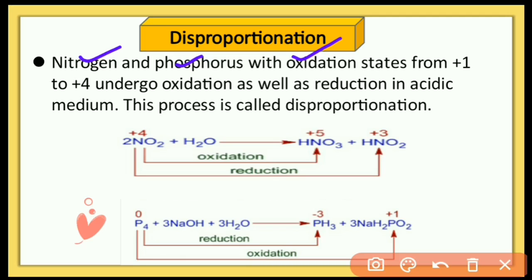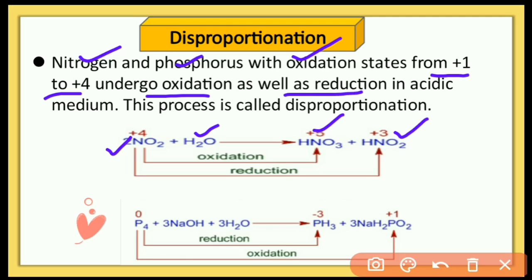Here +4 undergoes oxidation as well as reduction in acidic medium, and this type of reaction is called a disproportionation reaction. For example, nitrogen shows variable oxidation states in a chemical reaction. 2 moles of nitrogen dioxide, when hydrolyzed, get oxidized to HNO3 and also reduced to HNO2.